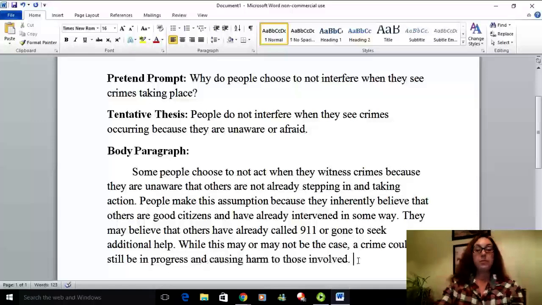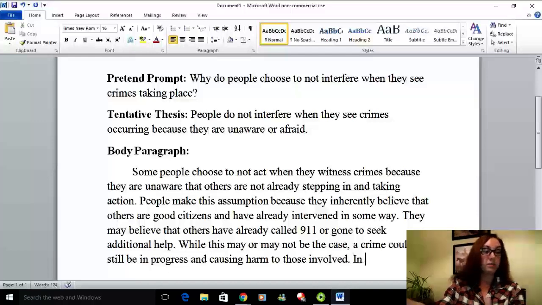Then I could introduce a source to help support this idea. So I might introduce an article, and I picked an article specifically from the Psychology Today website, since that was a place that you could pick articles from.